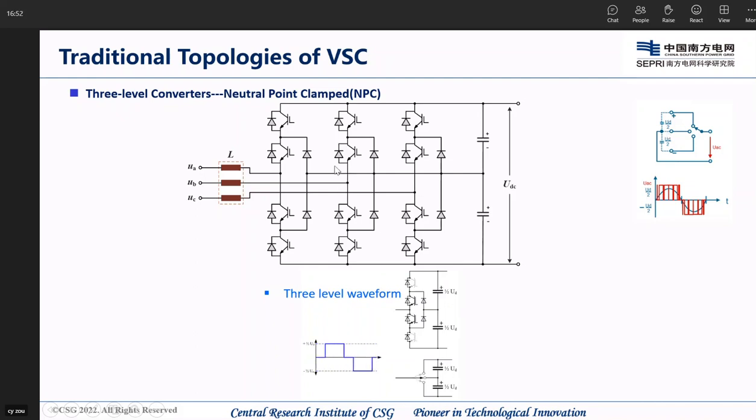The middle part is formed by two capacitors. So we get three levels. We can reduce the number of IGBTs connected in series by 50% and also get better power quality with the same frequency.